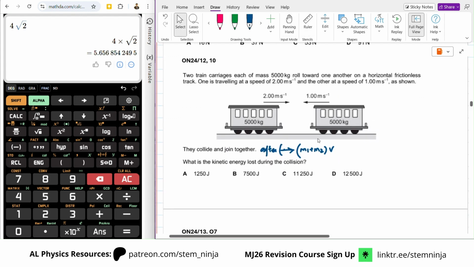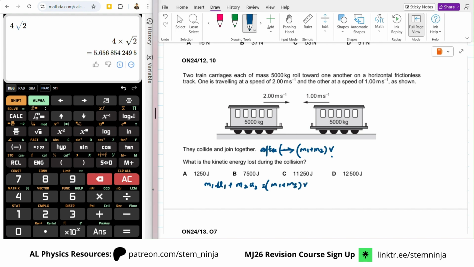Okay, all right. So basically, we can find out the v. m1 u1 plus m2 u2 equals m1 plus m2 times v. We need to find out v first. So m1 is 5,000. Actually, both of them are 5,000.